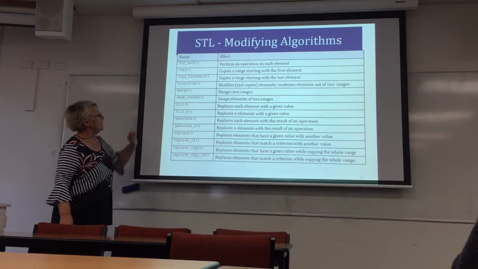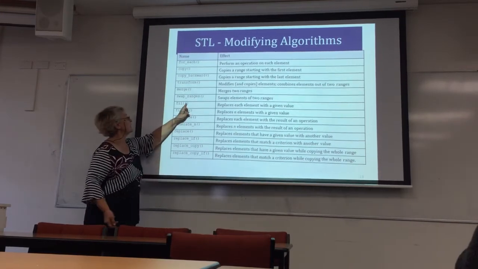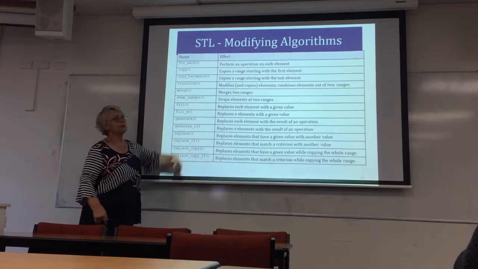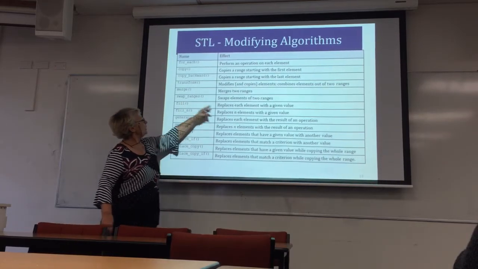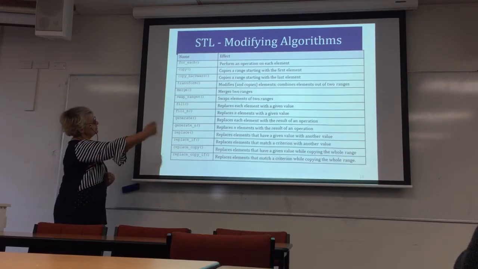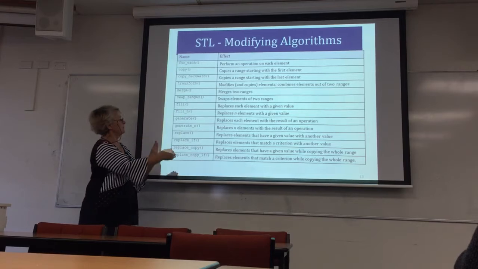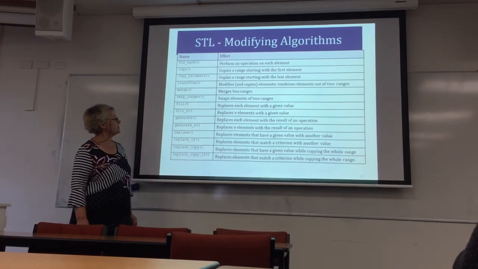Swapping elements, replace each element with a given value. So you have a range and a given value, you replace each element in the range by the value given by the third argument. You can replace only a specific number of elements.